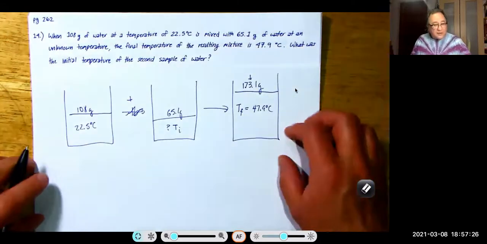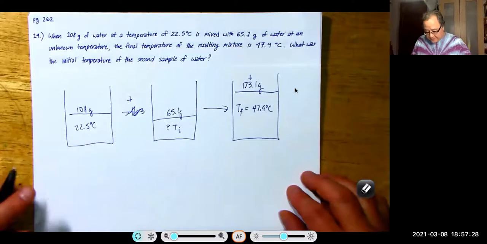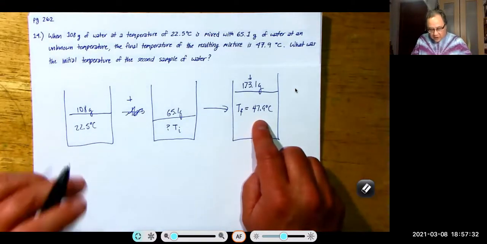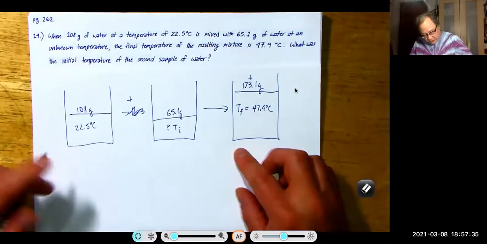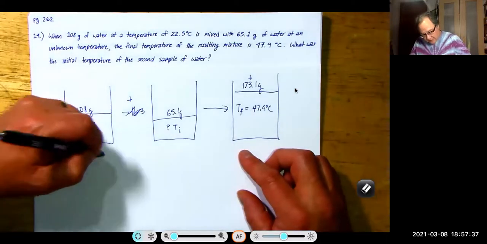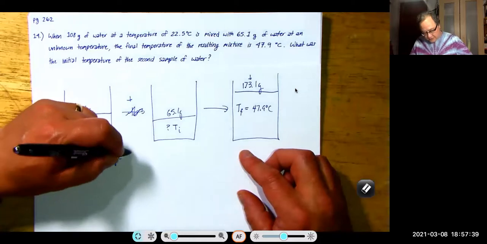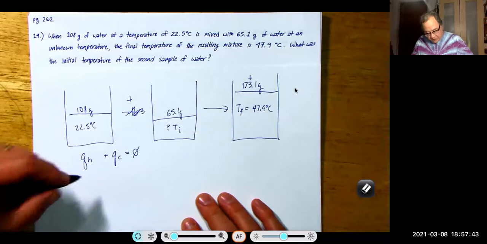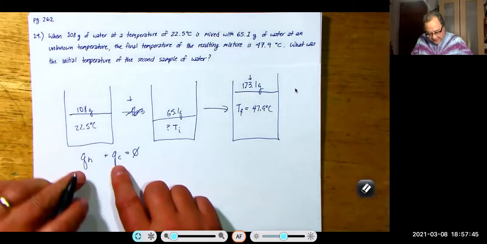So I'm going to show you what makes this an easier problem is that we know the final temp. And we don't know the initial temp. So we can still do Q of the hot plus Q of the cold is equal to 0. And we can expand this guy out.